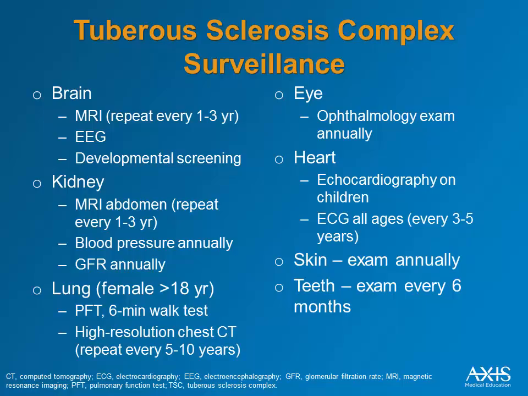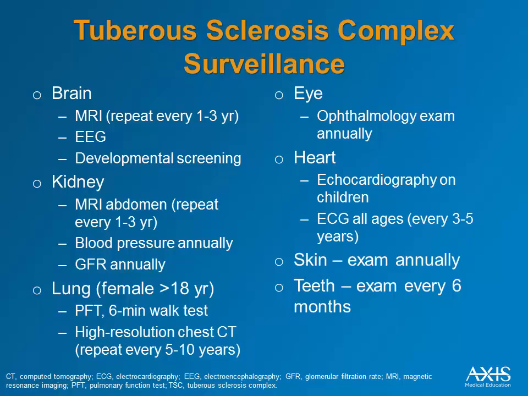EEG as a baseline and as needed, depending on clinical features, being vigilant to the possibility of seizures, because again, need to stress the importance of proactive treatment of epilepsy, and developmental screening to identify various of the neurodevelopmental features that we spoke about.